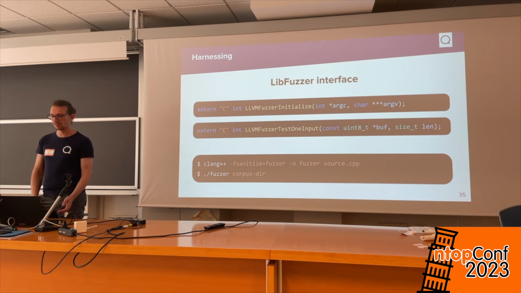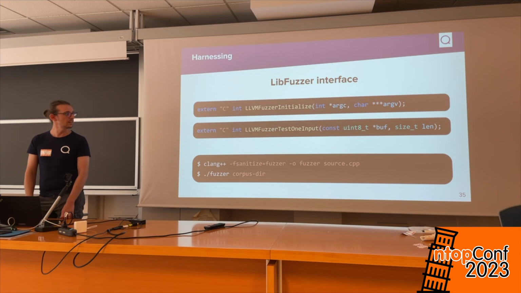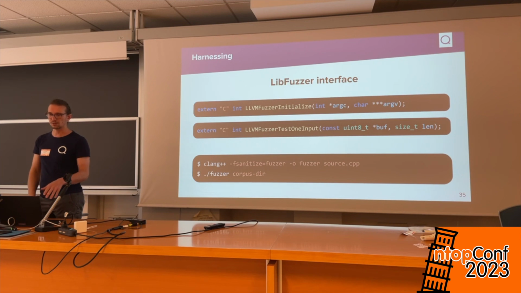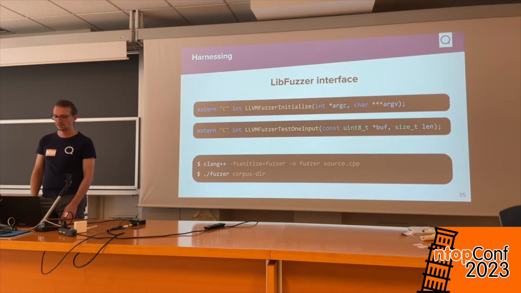The other function that we have to implement, which is required, is LLVMFuzzerTestOneInput, and it has two parameters: the buffer containing some bytes, a pointer to unsigned char, and the size of the buffer. This will represent our test input that will be generated by the fuzzing engine. So at this point inside LLVMFuzzerTestOneInput, we already have our generated input, and we just have to send it to the dissect packet function that we want to test.